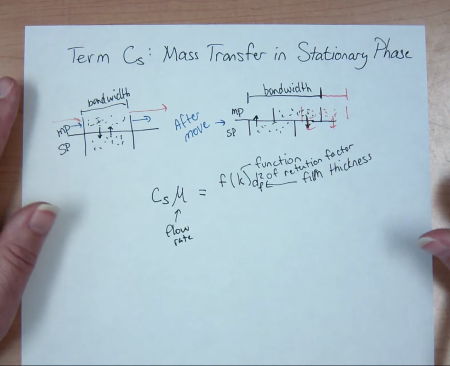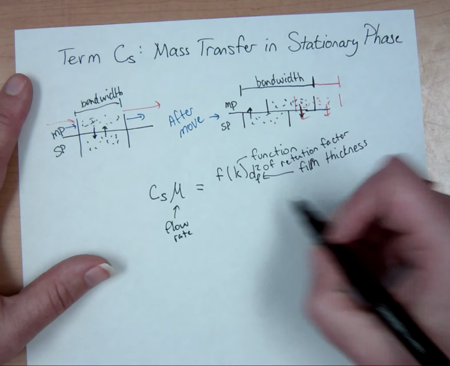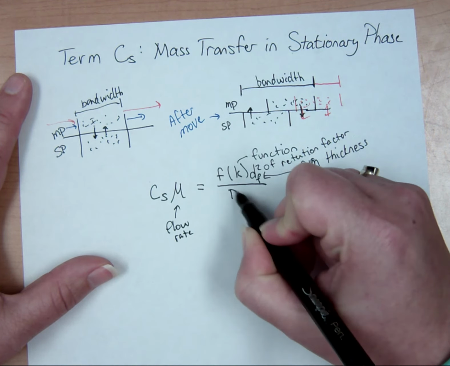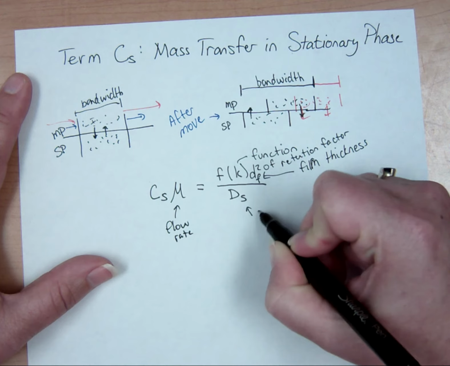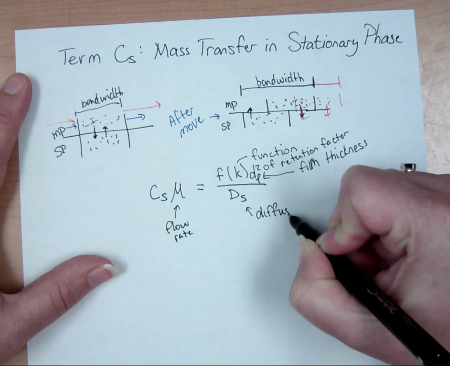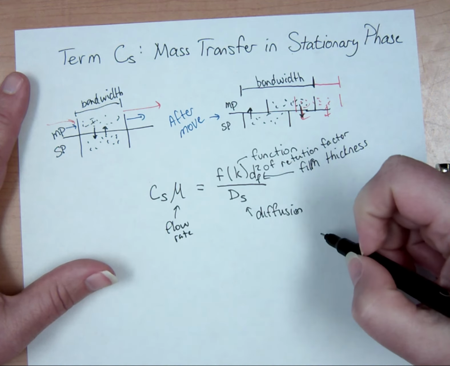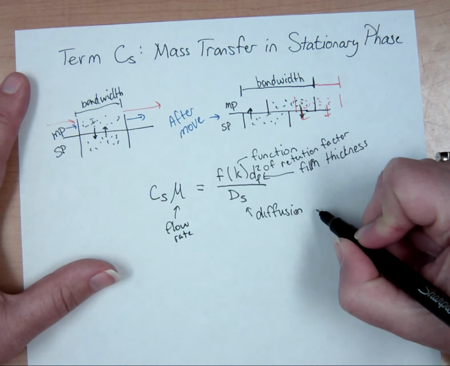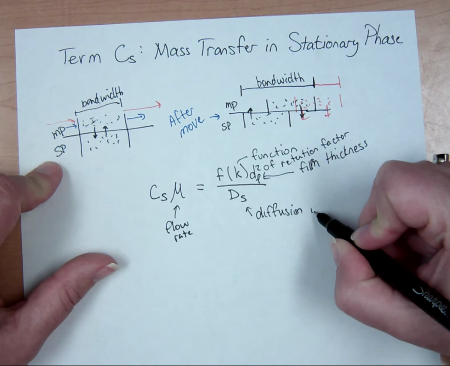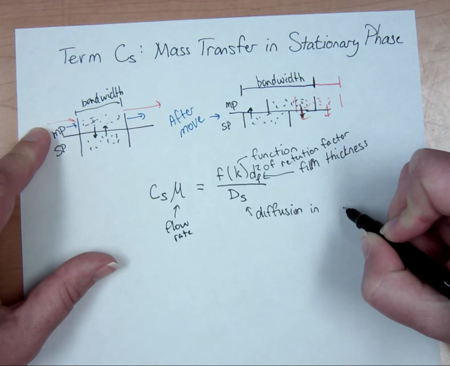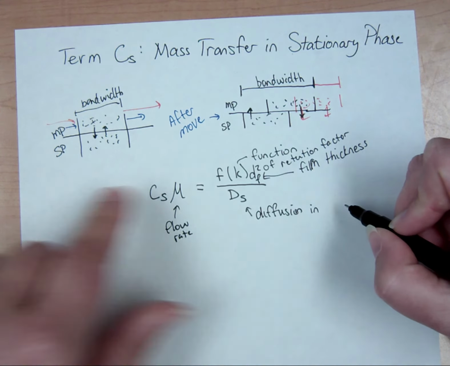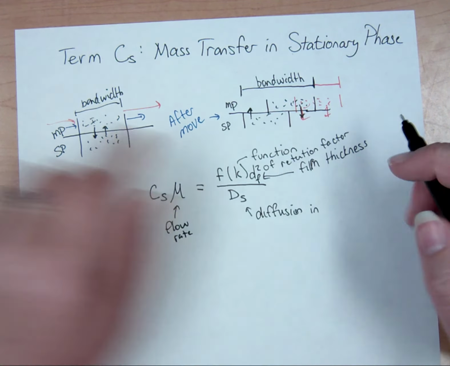Now, the other thing that it depends on is the diffusion rate in the stationary phase. Because if it's going to diffuse very slowly, it will spend a long time in the stationary phase and never make it out to the mobile phase until after the bandwidth has moved largely down the column.